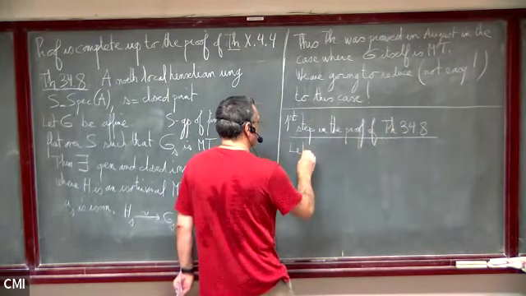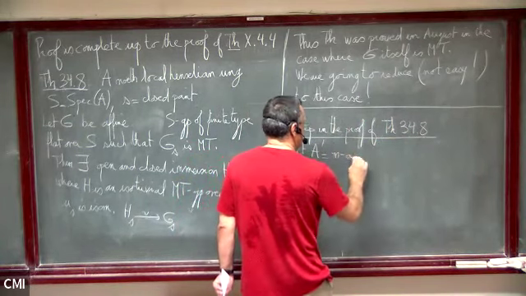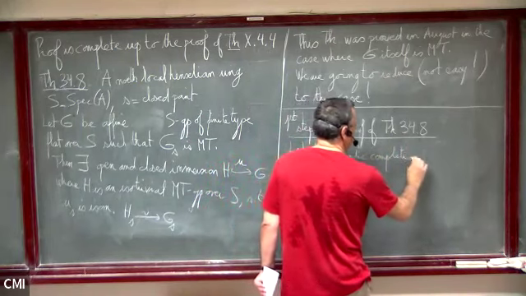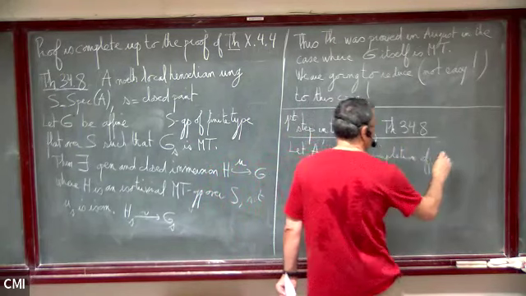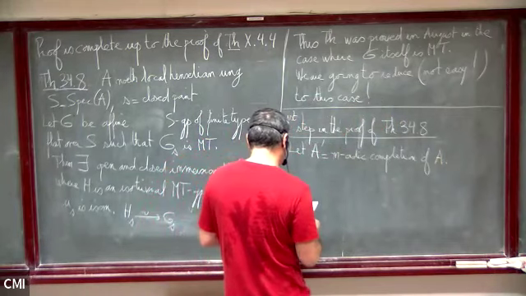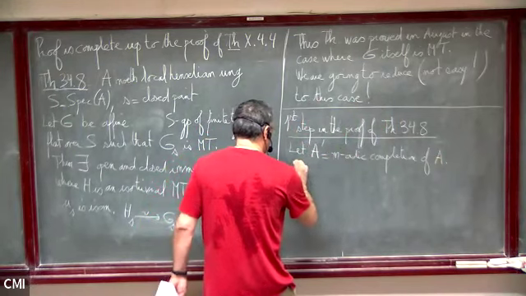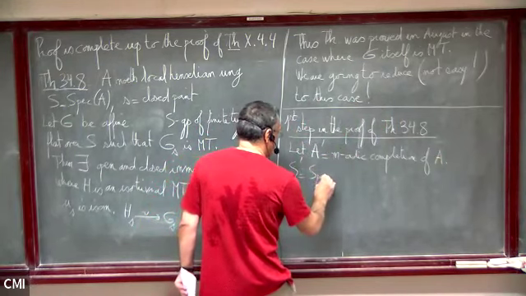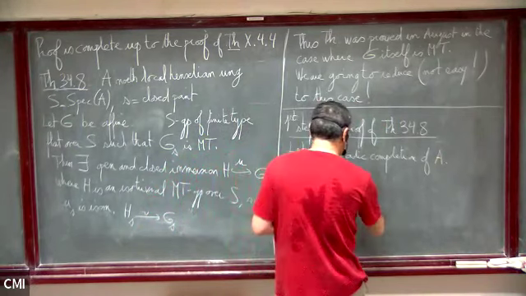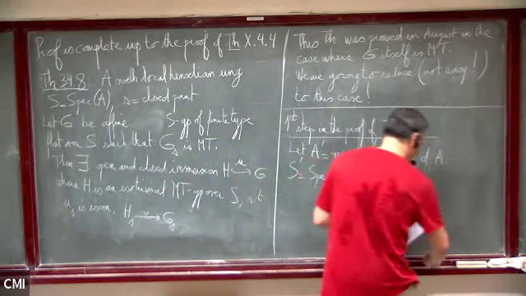Let A prime be the m-adic completion of A, and let S prime be the spectrum of A prime, and let G prime be then by base change.